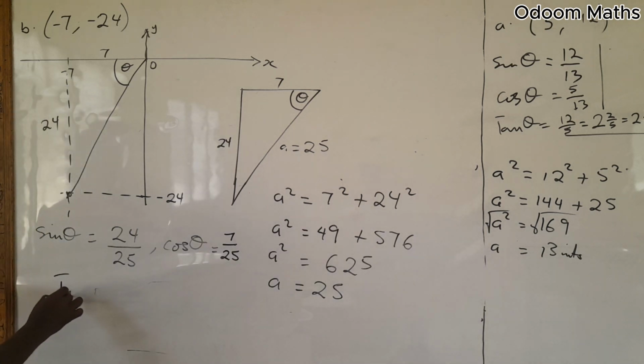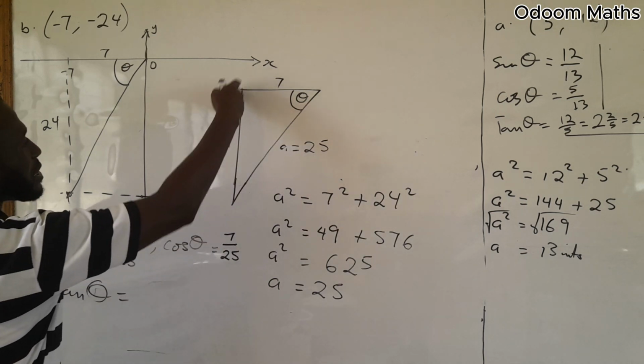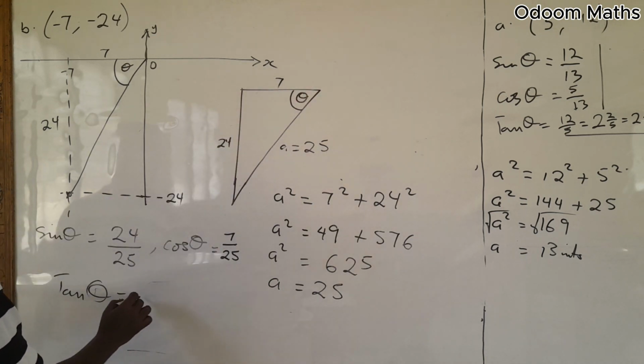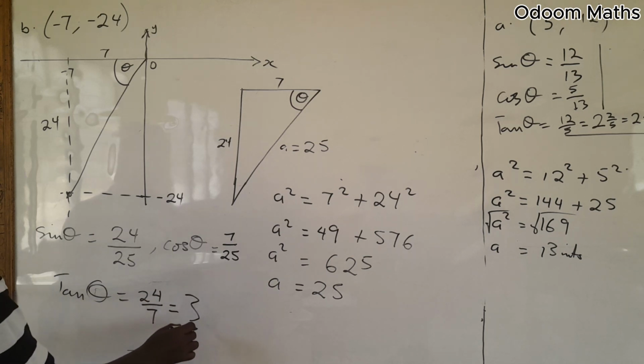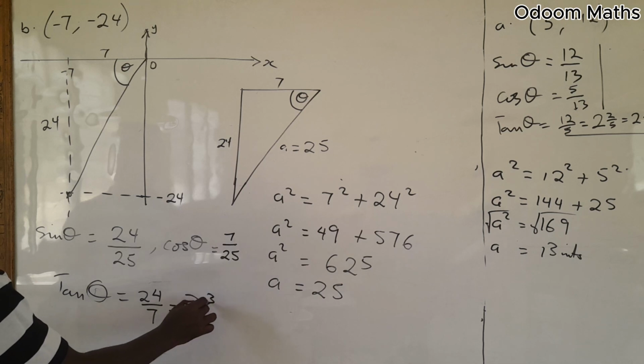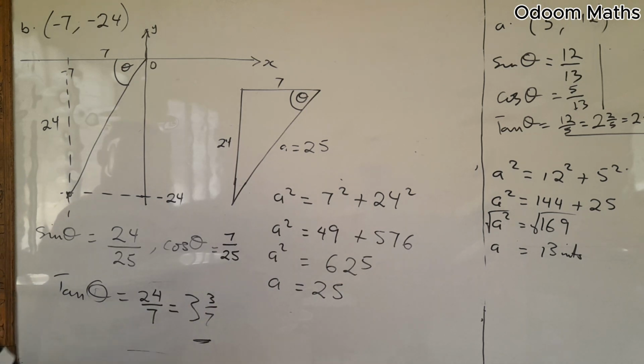Then tan theta, tan is opposite over adjacent. So 24 over 7, which can be reduced to 3 and 3 over 7. Yeah, that's the answer.